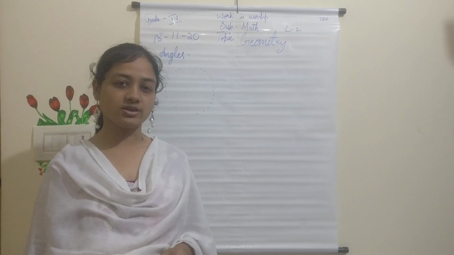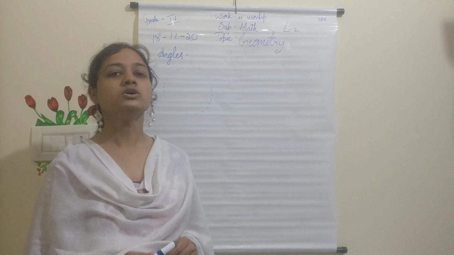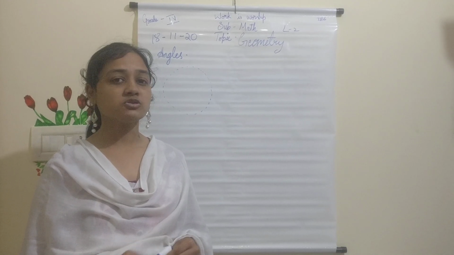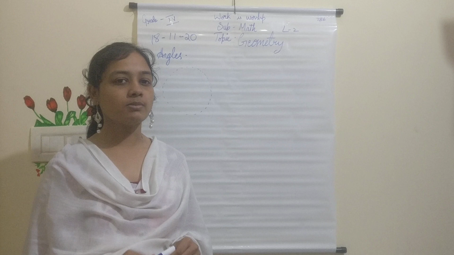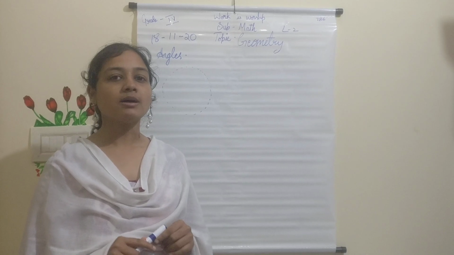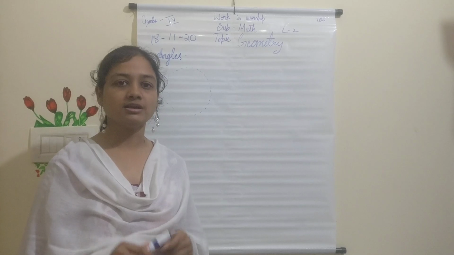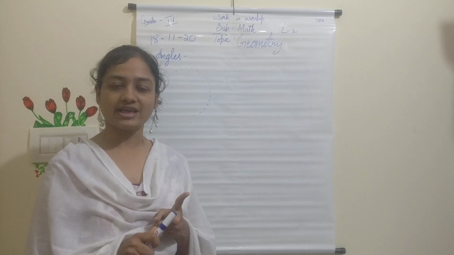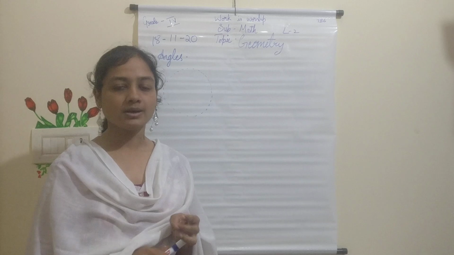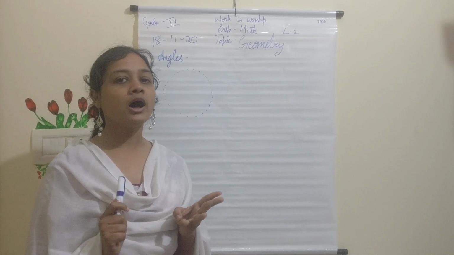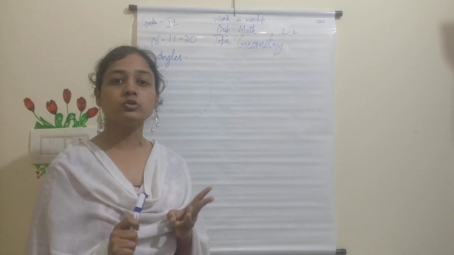In today's video, we will be learning lesson number 2, geometry. In the previous 2 videos, we learned about geometry, that is about lines. In the first video, we learned different types of lines like lines, line segments and ray. What is the difference between them? How to name them? How to draw them?